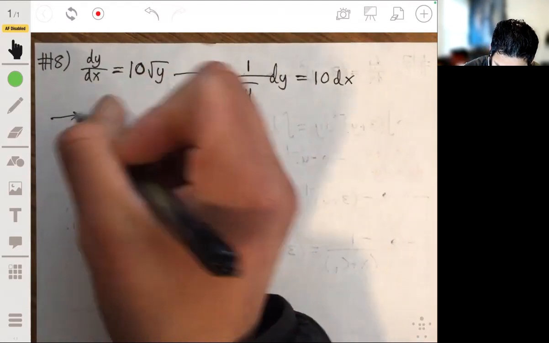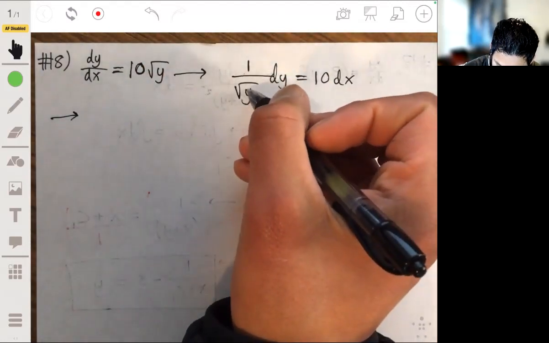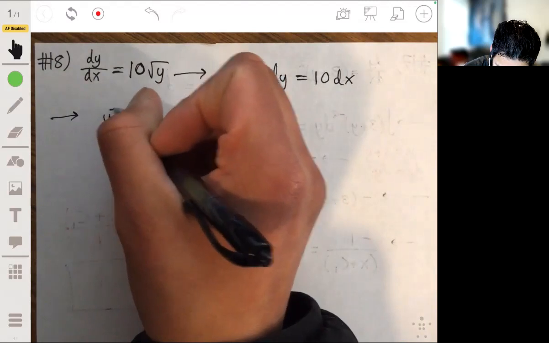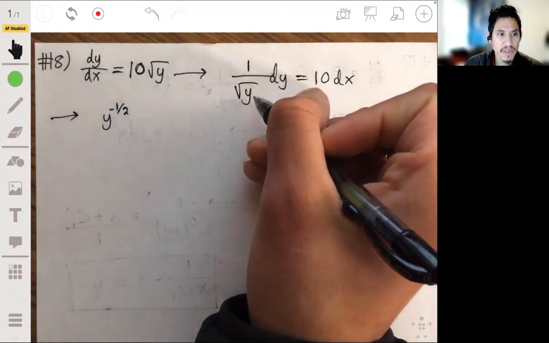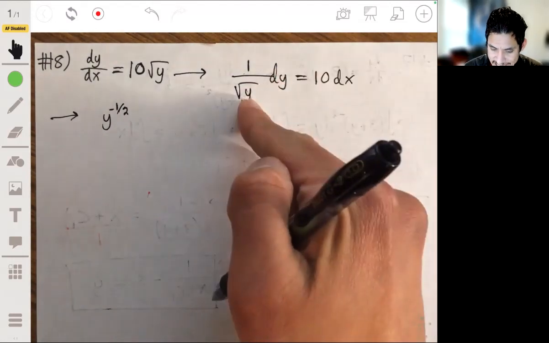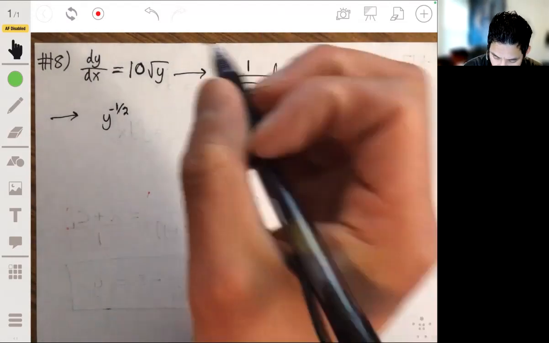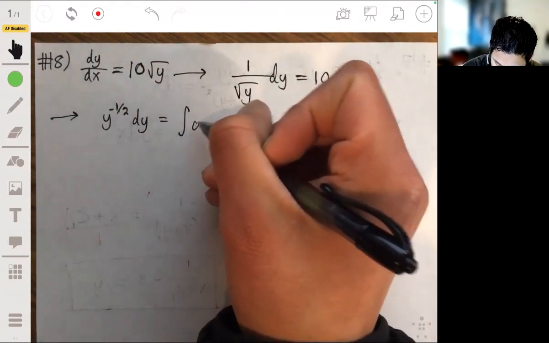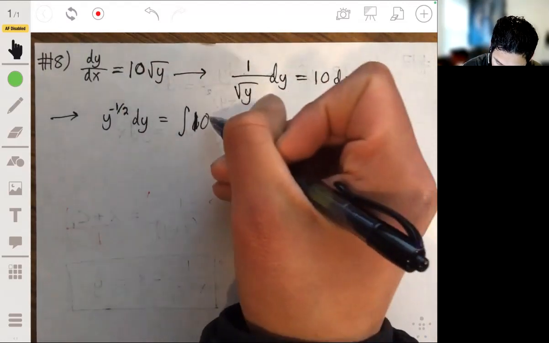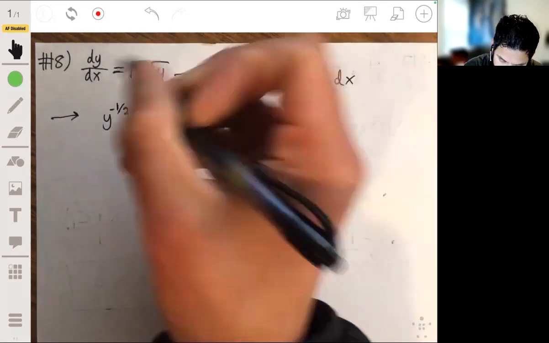And to make this a little easier to work with, let's rewrite the left as y to the negative 1/2 power. Because remember, the square root of something is to the 1/2 power, and since it's in the denominator, it'll be to the negative 1/2 power dy. And then we can set up our integrals, which is equal to the integral of 10 dx.